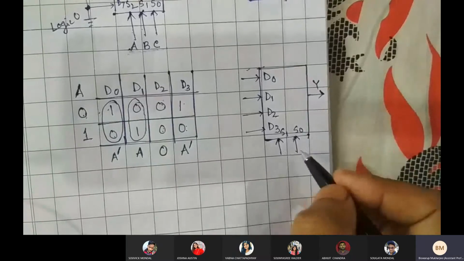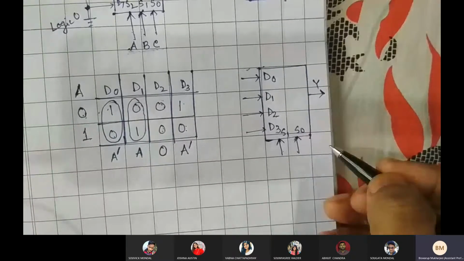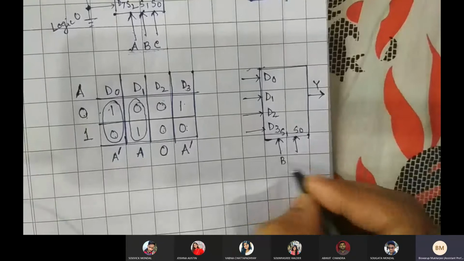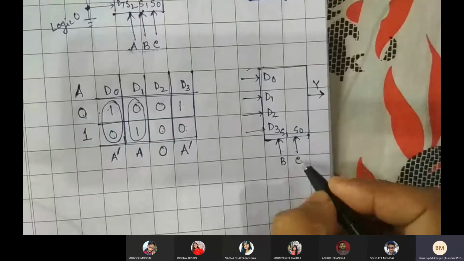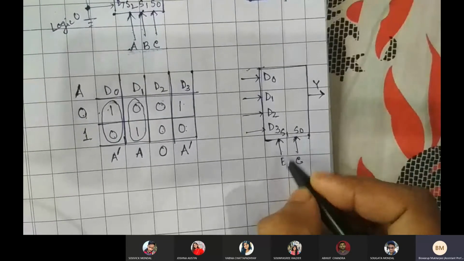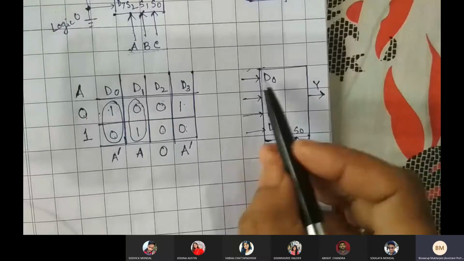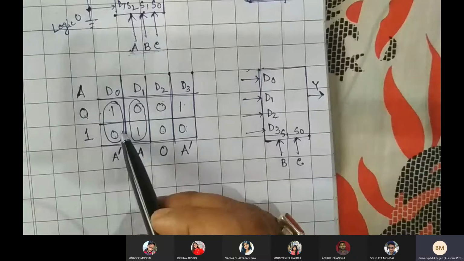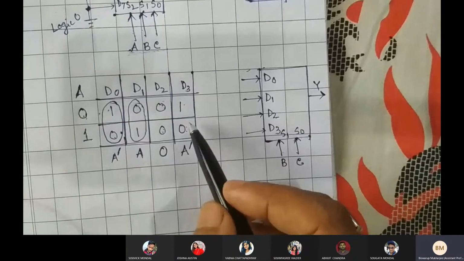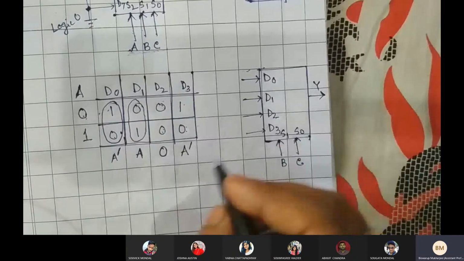Now this time I am connecting S0 and S1 with B and C. Make sure that S0 is connected with C and S1 is connected with B. Okay. And what is D0? We have to connect D0 with A bar. So I have got one A line.